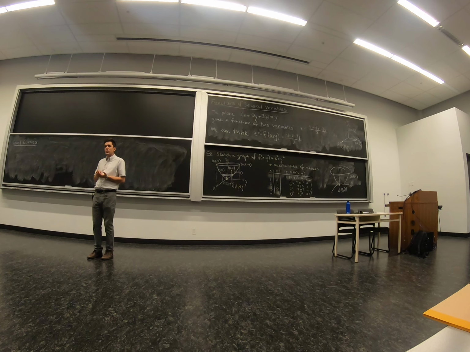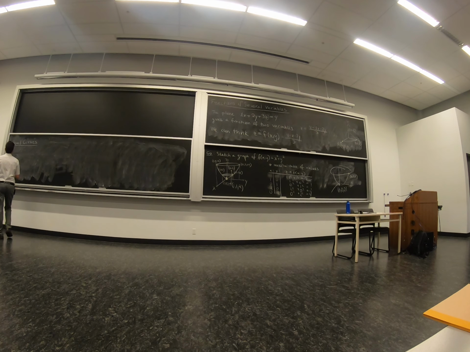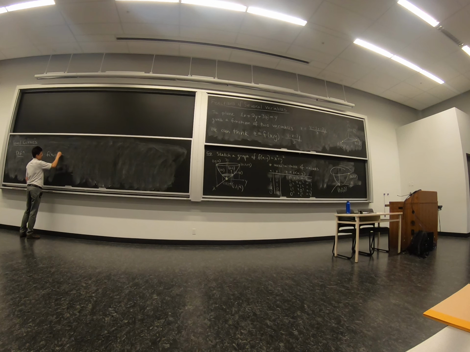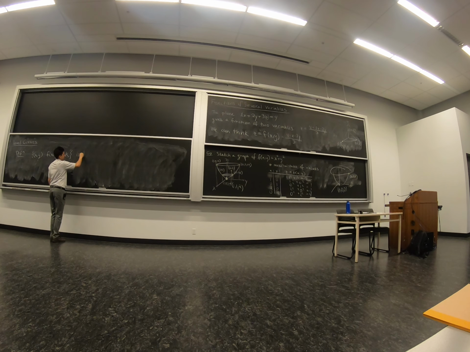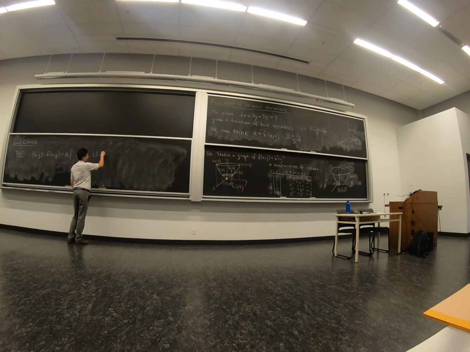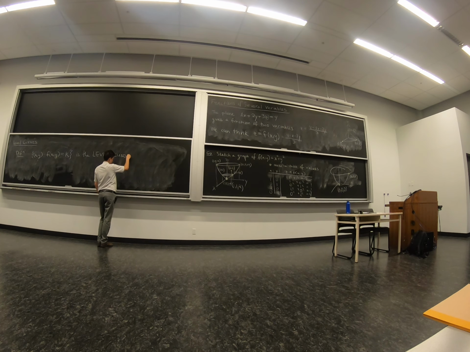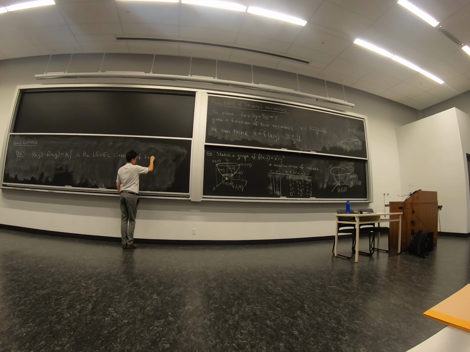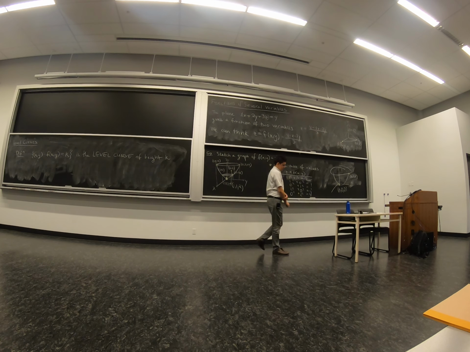These equal heights are what are called level curves. The level curve is the set of all x and y's that output the same value k.